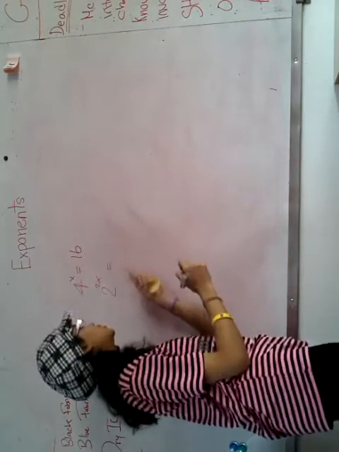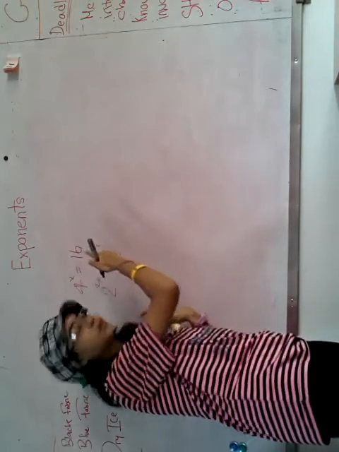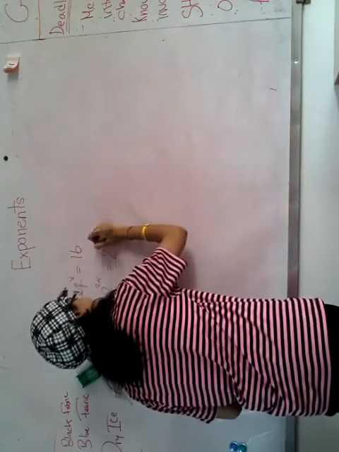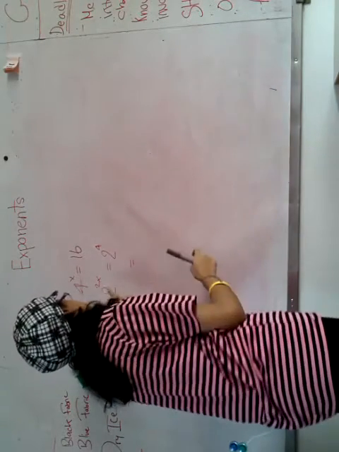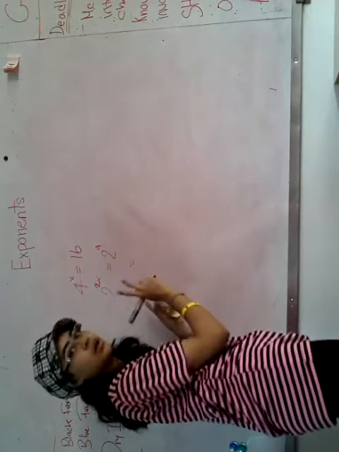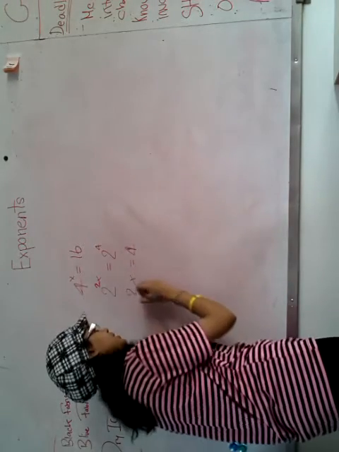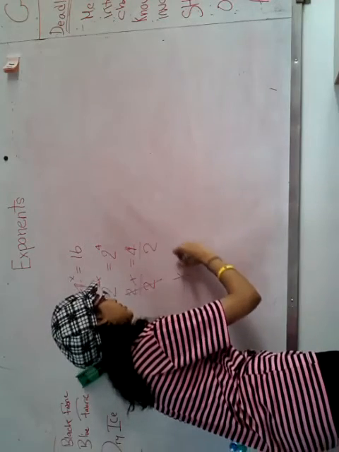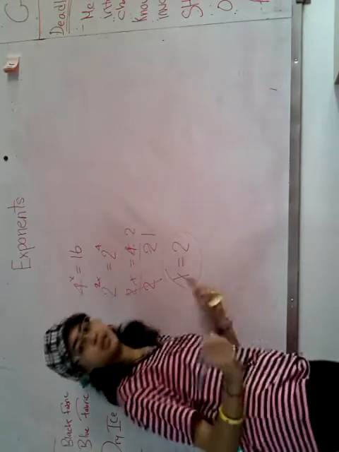It will be equal to 2 to the power of something is equal to 16, which is 4. 2 to the power of 4 is 16. So now you need to make this and this equal by doing 2x is equal to 4, like that. Divide by 2, divide by 2, cut it out. X is equal to 2. That's the answer.